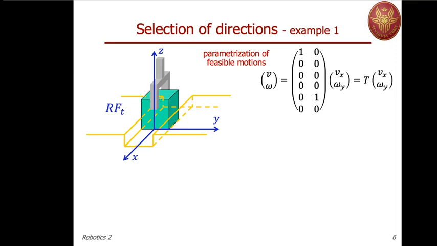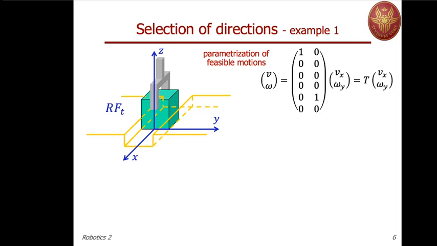You see, it's a kind of identity, so any vector v can only have the structure of 1, 0, 0, so have only a component along the x direction if we are considering only the feasible motion for this interaction. And similarly for the omega.